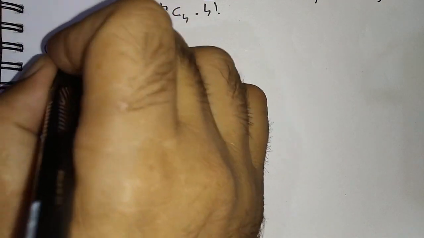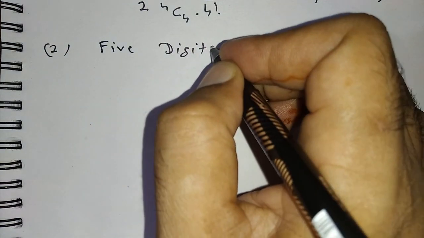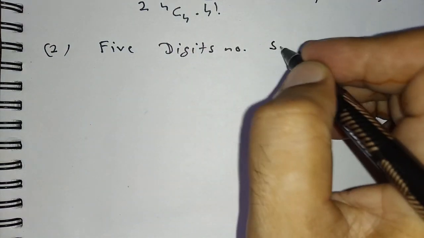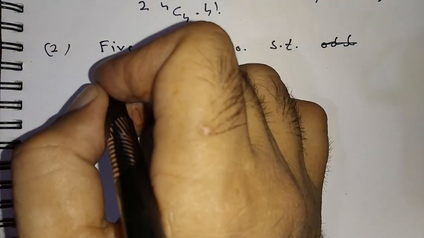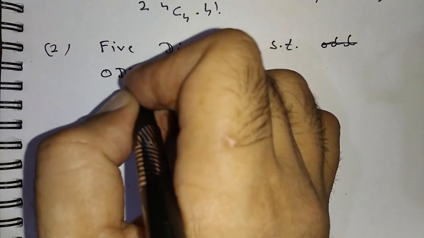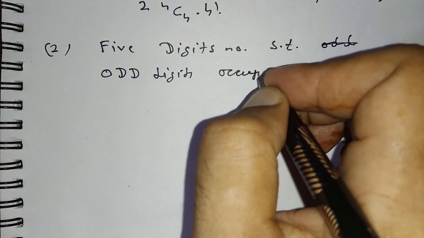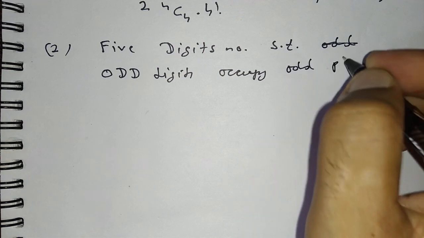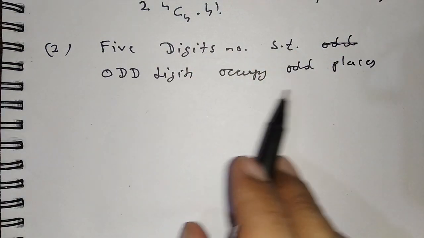Now the second question is: find all 5-digit numbers such that odd digits occupy odd places.